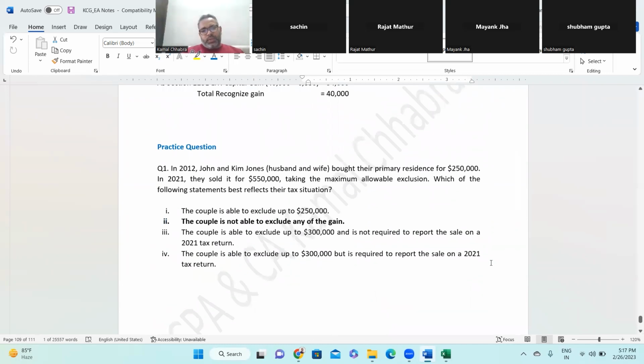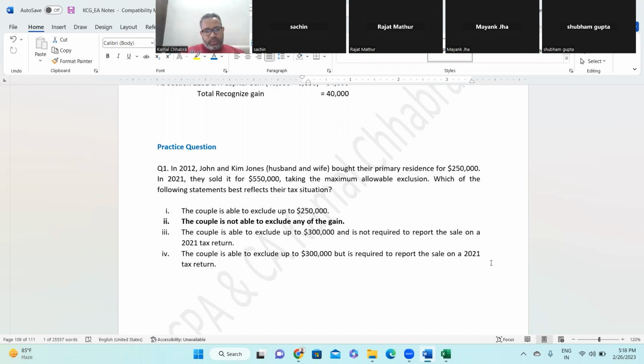So the first option is the couple is able to exclude 250,000. This is wrong. If the couple is filing jointly, they can exclude 500,000. The third option is the couple is able to exclude $300,000 and is not required to report. That is also wrong. The couple is able to exclude $300,000 but is required to report the sale on the 2021 tax return.